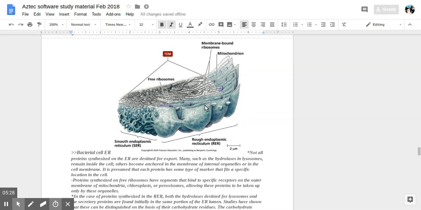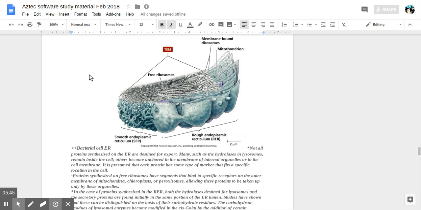Membrane-bound ribosomes mostly create proteins that are bound for excretion from the cell, while free ribosomes usually create proteins which are destined to stay inside and be used by the cell. Mitochondria is the powerhouse, which we'll learn about in a bit. ER proteins synthesized are destined for export from the cell.